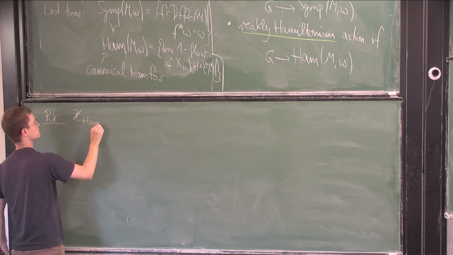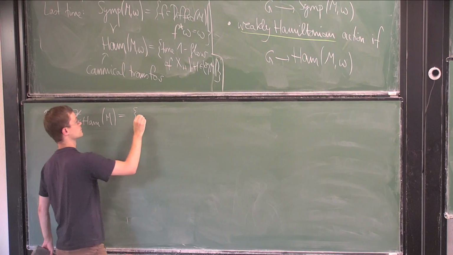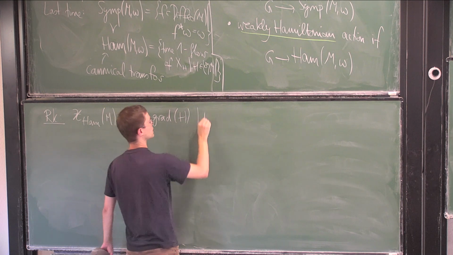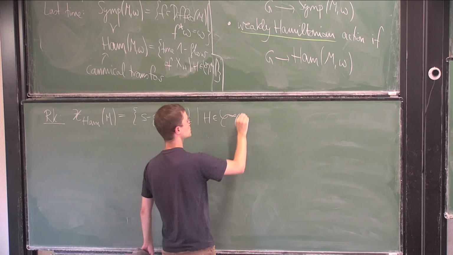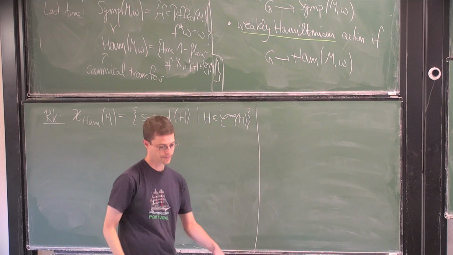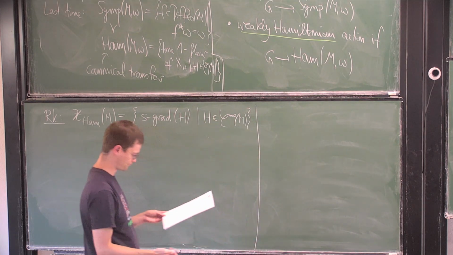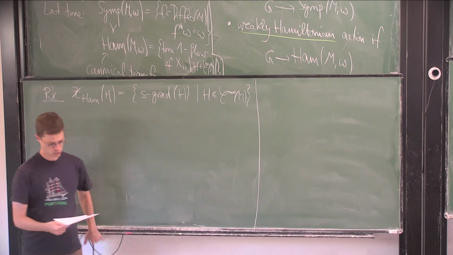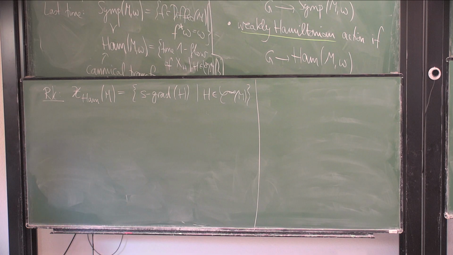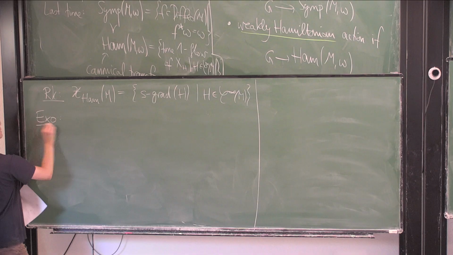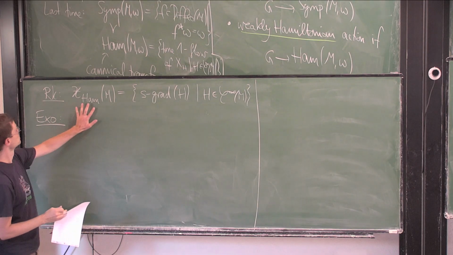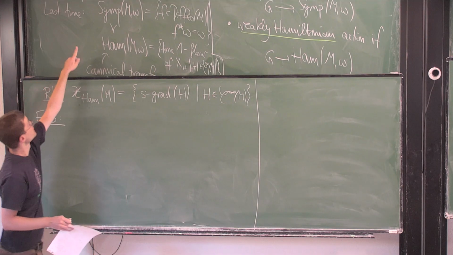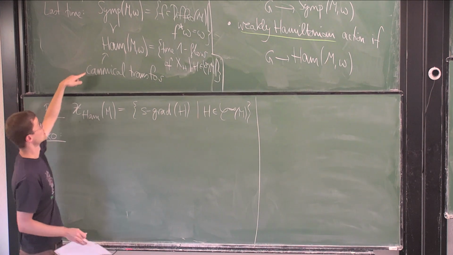The space of Hamiltonian vector fields is exactly the space of symplectic gradients for any Hamiltonian. A small exercise for those who are interested: a Hamiltonian vector field is automatically symplectic, but again, there are symplectic vector fields which are not Hamiltonian.